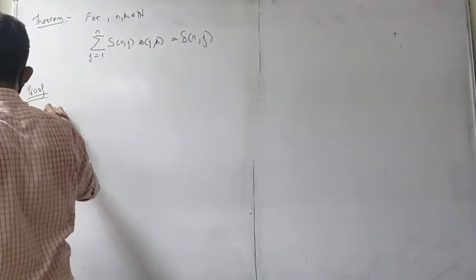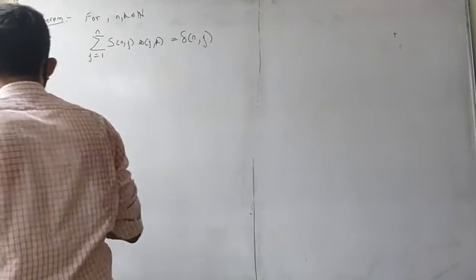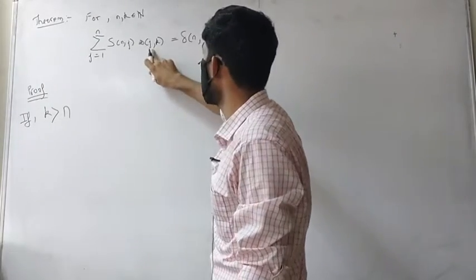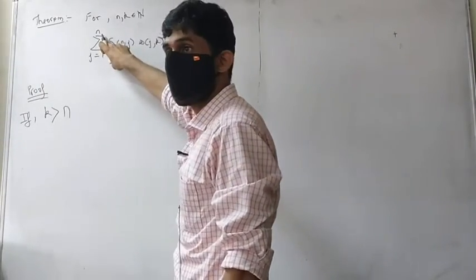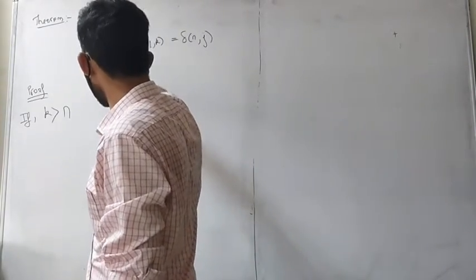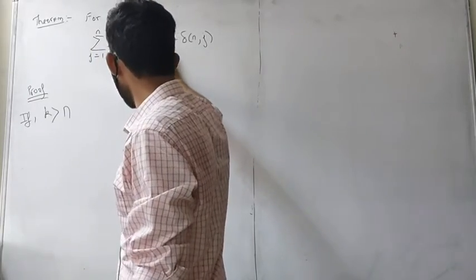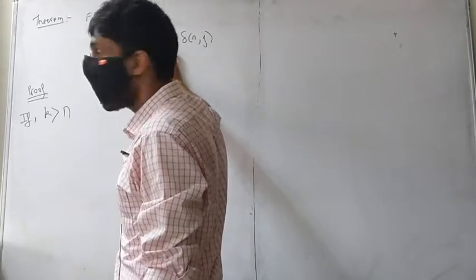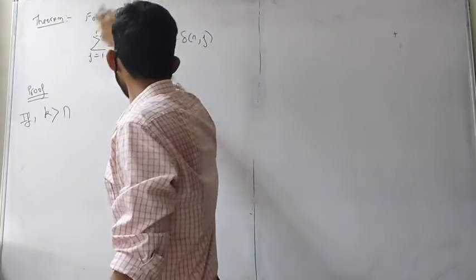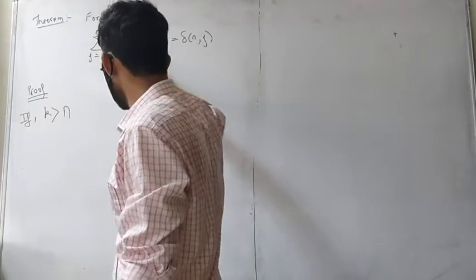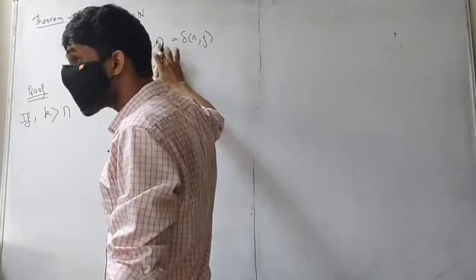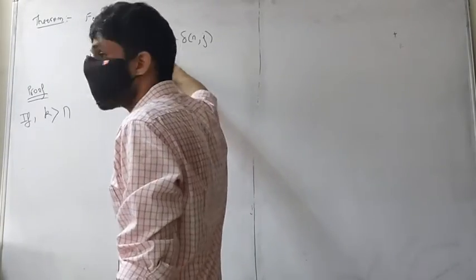So if k is greater than n, then your j lies between 1 and n, right? So j will be strictly less than k, which means that this will always be 0.